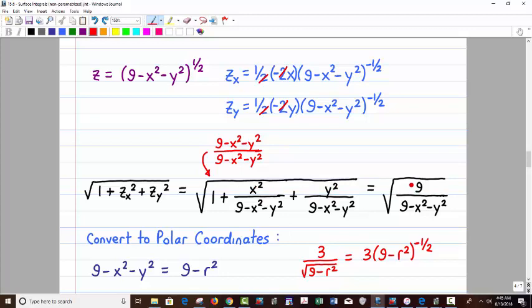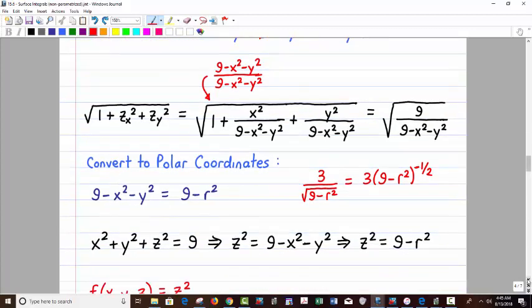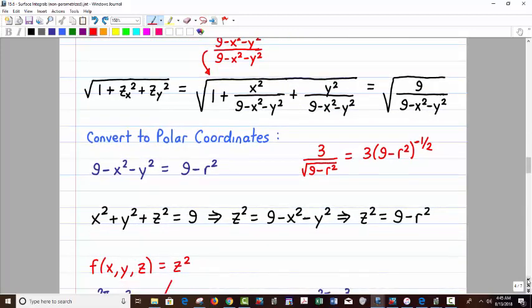So it just leaves 9 on top over 9 minus x squared minus y squared. So now is a good time to convert this to polar. So 9 minus x squared minus y squared is the same thing as 9 minus r squared. And now it has a 3 on top, because the square root of 9 is 3. So this radical converted to polar is 3 over the square root of 9 minus r squared.